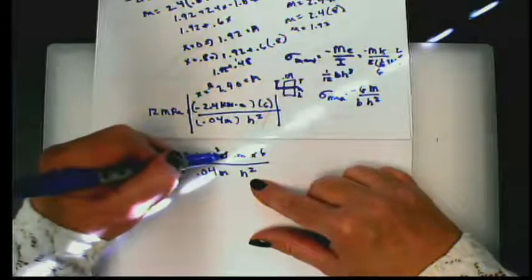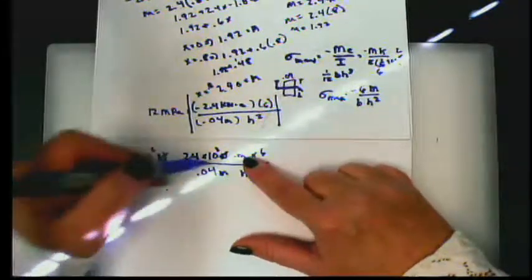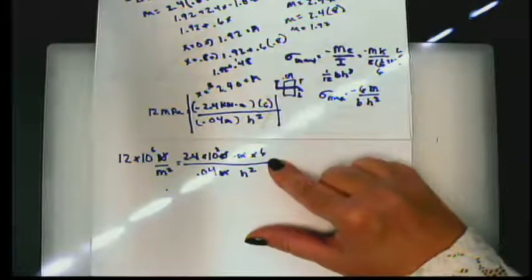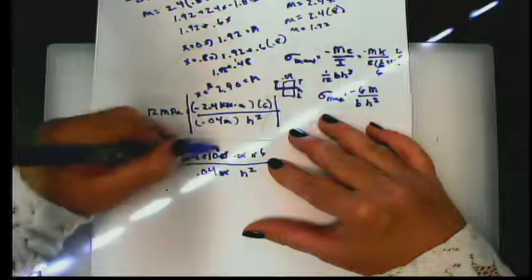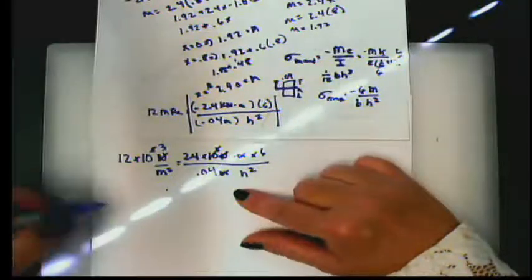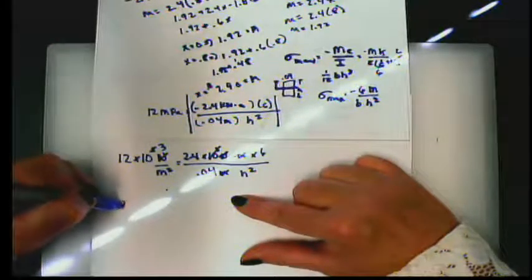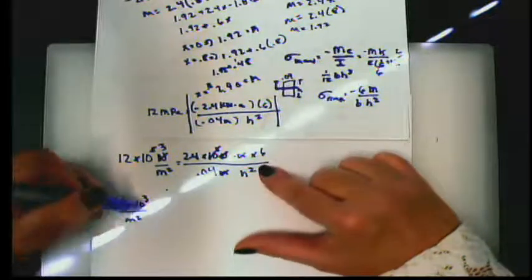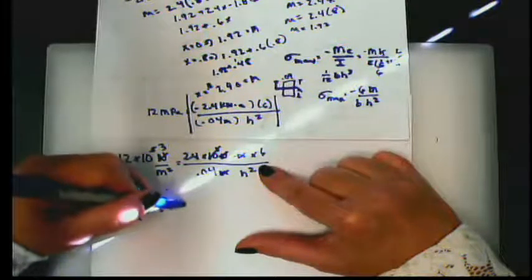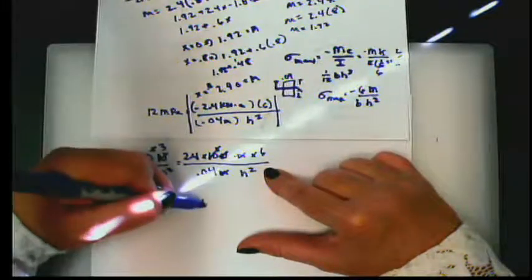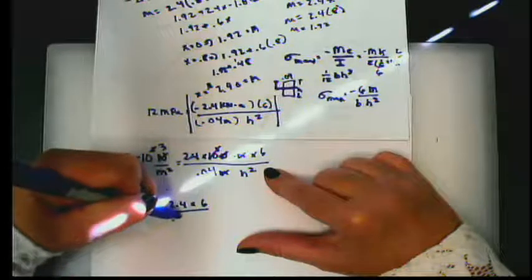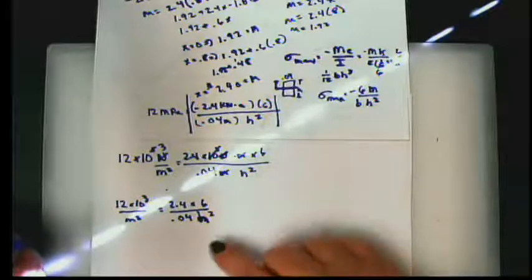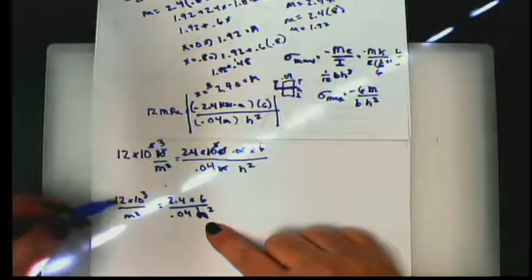So newtons cancel out, meters cancel out, and let's just cancel this to 10 to the 3rd. So my simplified equation is 12 times 10 to the 3rd per meter squared equals 2.4 times 6 over 0.04 h squared. And I can solve this for h.